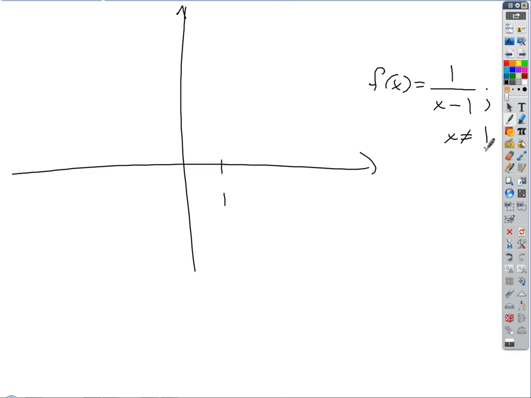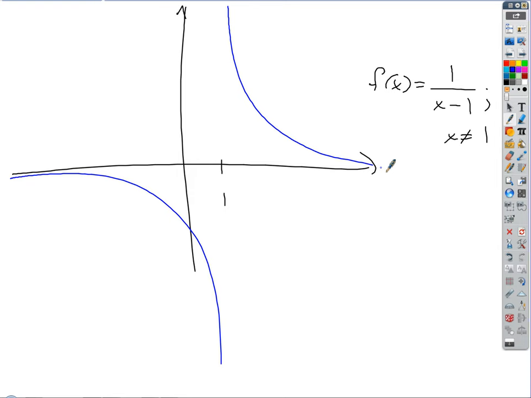Okay. Here's what it looks like. What's going on at x equals 1? What's that function doing? Where is it going? How far down does it go here? Infinite.